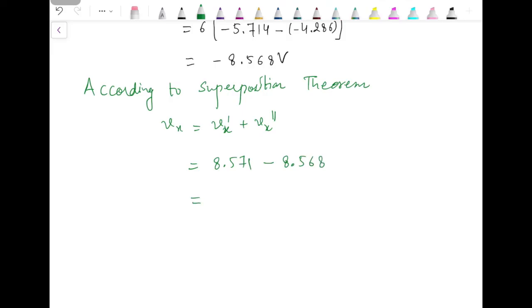So it's minus 0.003 volts, which is approximately near to 0.